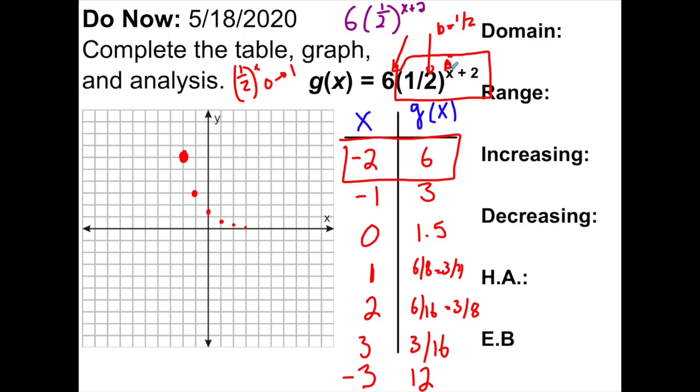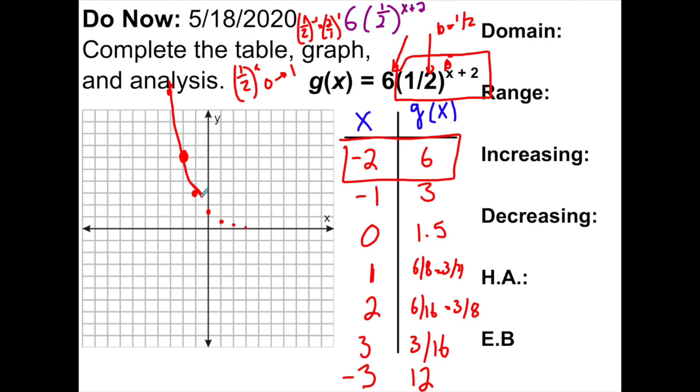When I plug in -3, I get -3 plus 2, which is -1. And then remember, 1/2 to the -1, you flip it and make the exponent positive. So it's 2 to the 1, which is 2. And then you have to remember to multiply that by 6. So you do indeed get 12.